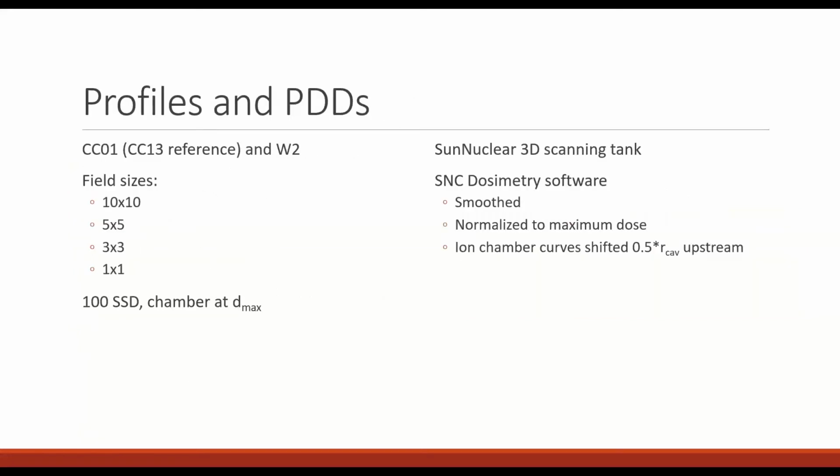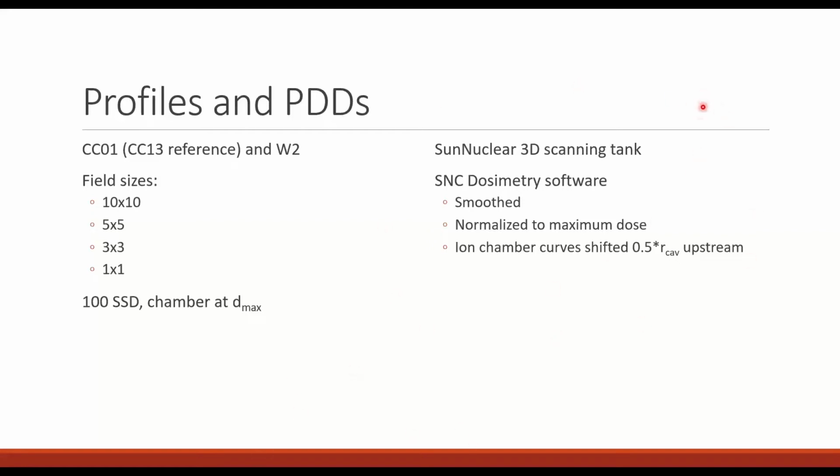We also took some small field scanning measurements, profiles, and PDDs with the CC01, which is more comparable in size to the W2. And we still used the CC13 as a reference chamber. We used field sizes of 10 by 10, 5 by 5, 3 by 3, and 1 by 1 centimeters. These were taken at 100 SSD to chambers at Dmax.